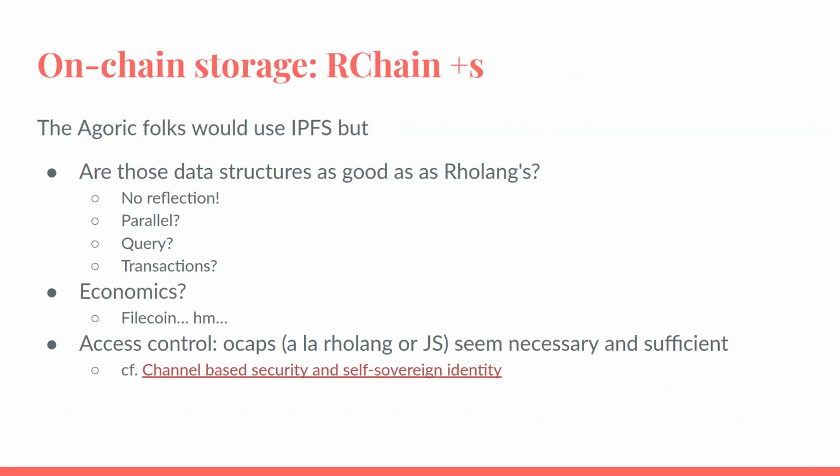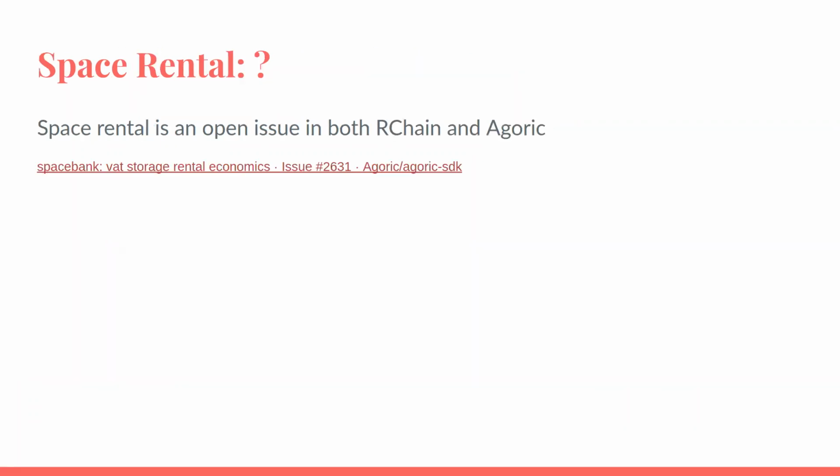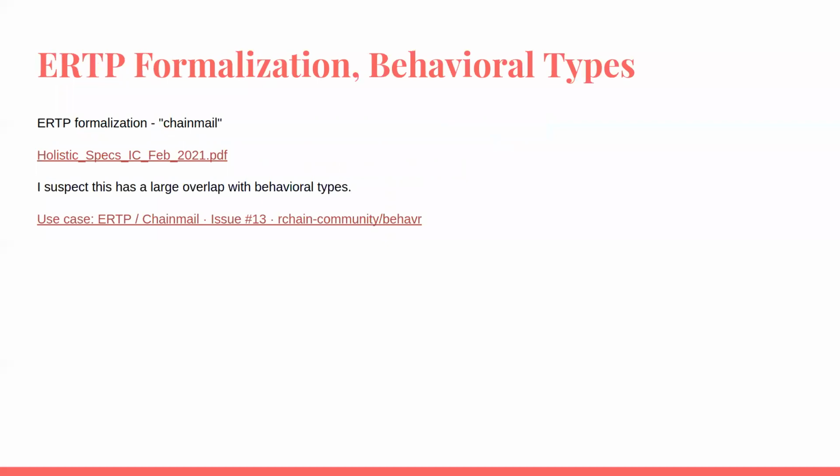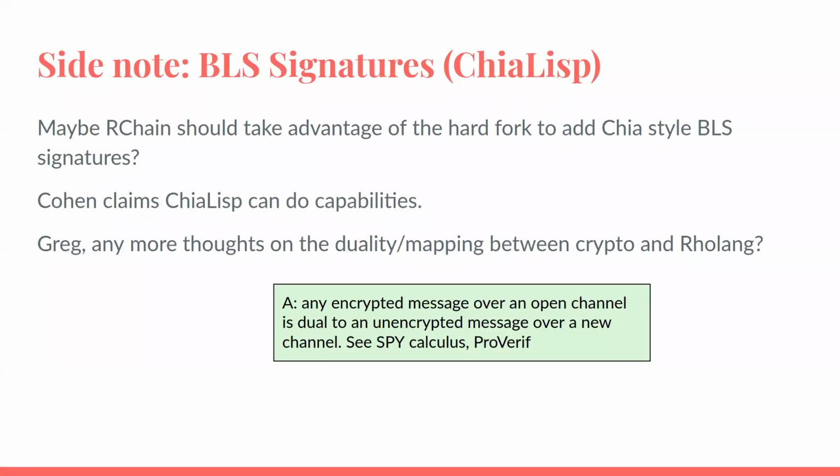On-chain storage, RChain's got a bunch of pluses there. Space rental, neither side has fixed it or figured it out. ERTP formalization is more or less done. Behavioral, yeah, I'd like to see Zoe and behavioral types.